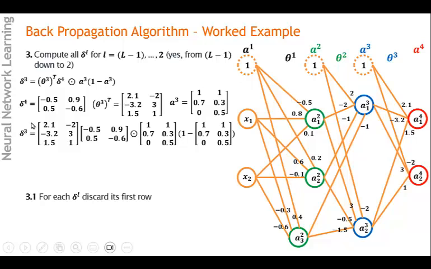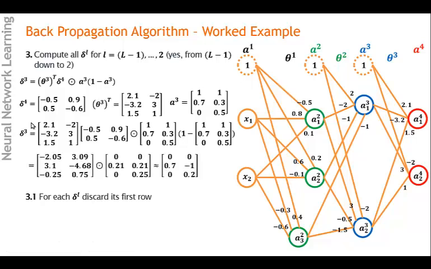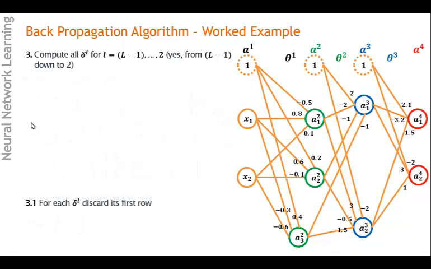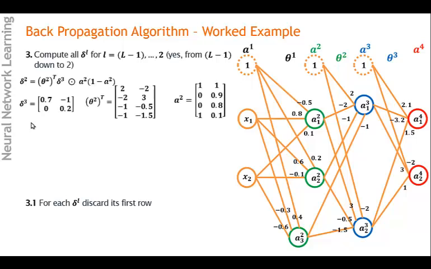And I think in the code he will help you with this. So then you get this result. Then you discard the first row. So you keep going down. Do delta 2 the same way. Here you can see the same thing, because your A2 has 1, 2, 3, 4 nodes.